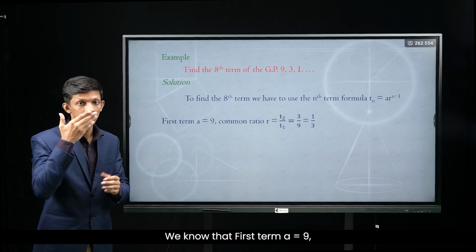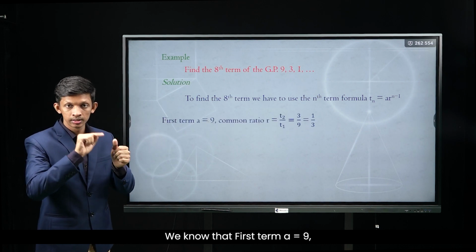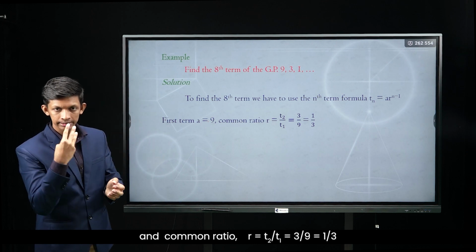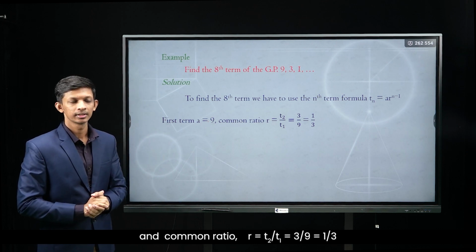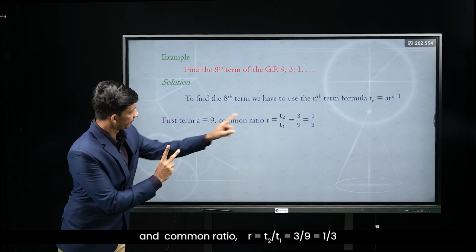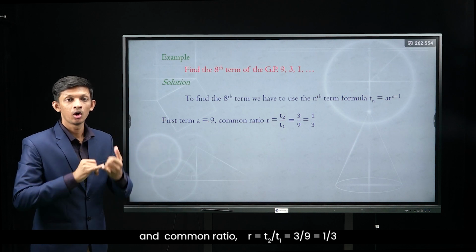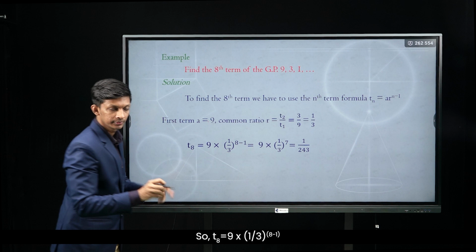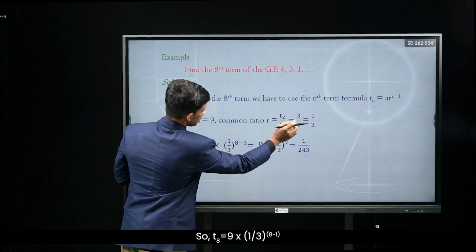We know that first term A is equal to 9 and common ratio r is equal to T2 by T1, which is equal to 3 by 9, that is 1 by 3. So, T8 is equal to 9 into 1 by 3 whole power 8 minus 1.